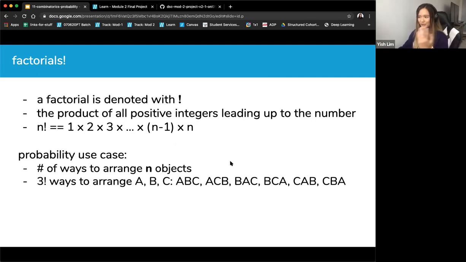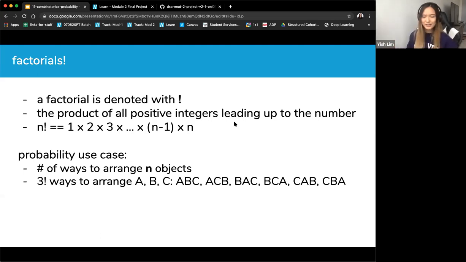So for example, if we're finding the factorial of n, we're just going to take 1 times 2 times 3 times 4, and so on, all the way multiplied by n. Smaller example, factorial of 3 is 1 multiplied by 2 multiplied by 3, which is 6. Factorial of 4 would be 1 times 2 times 3 times 4, 24, pretty sure.